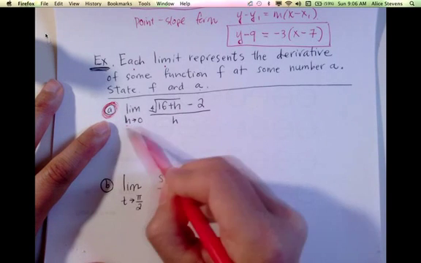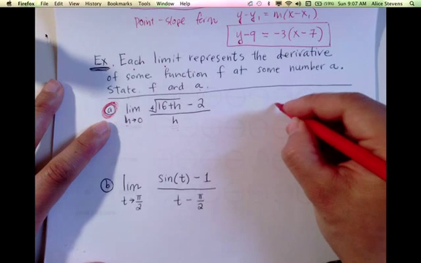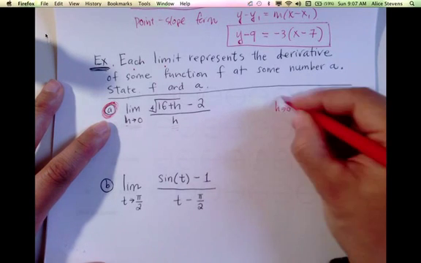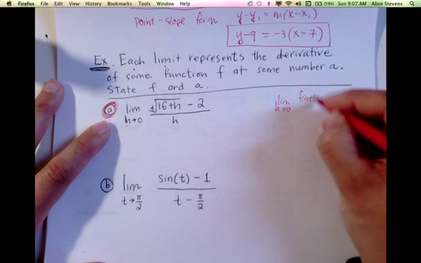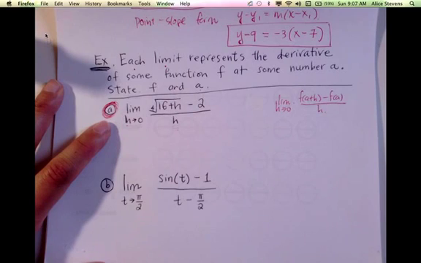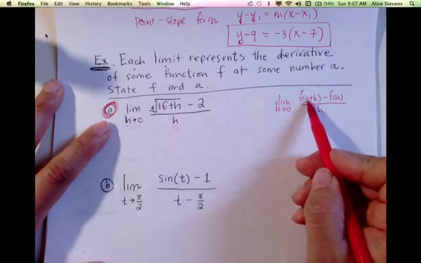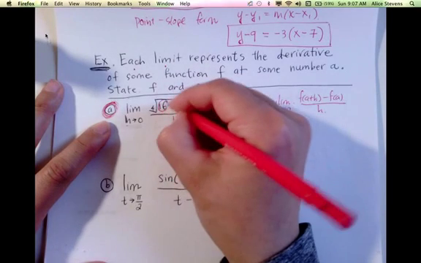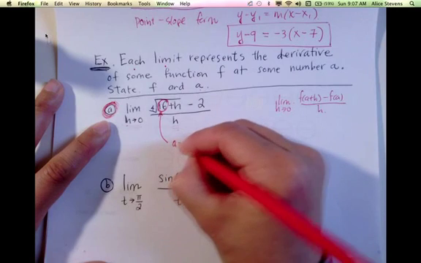With the h approaching 0 and the h here, this looks like the second formulation of the derivative I showed you. It looks like this one. And it appears to me that in this case, a is 16. So I'm going to guess a is 16.